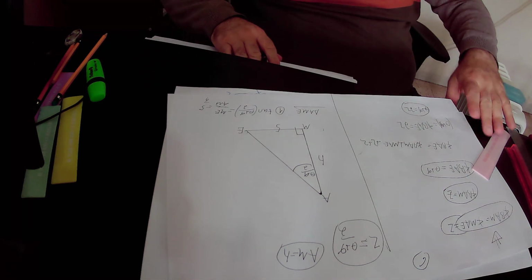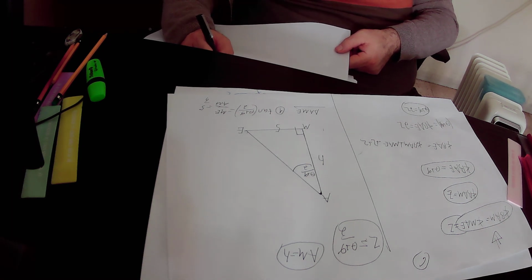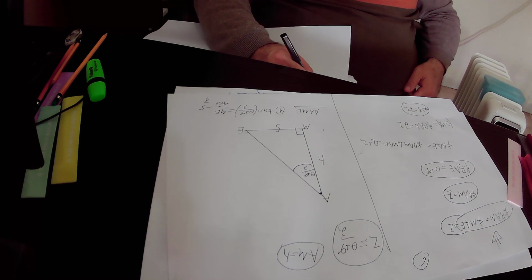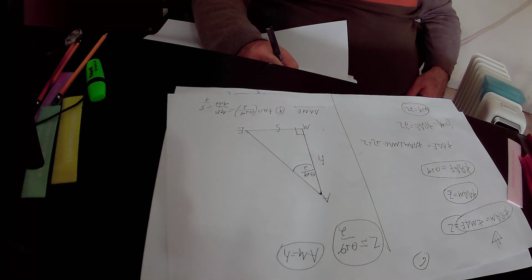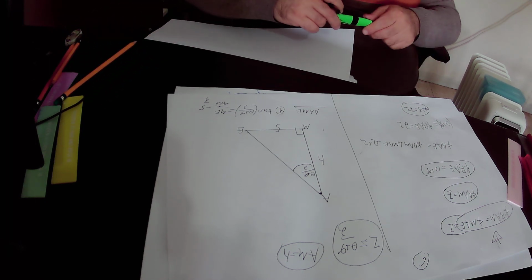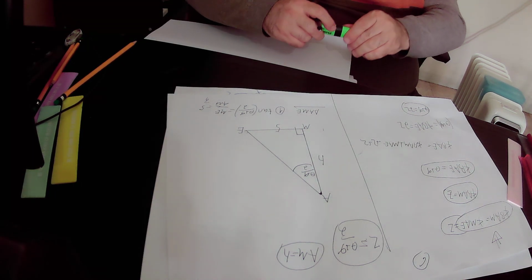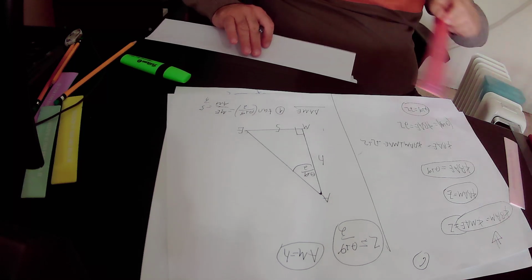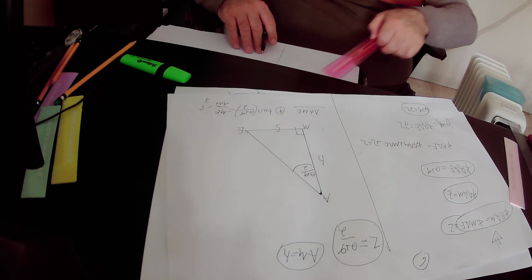So in conclusion, we found out that according to equation number 1, tangent of (theta plus alpha) over 2 equals 5 over H. I'll repeat again.